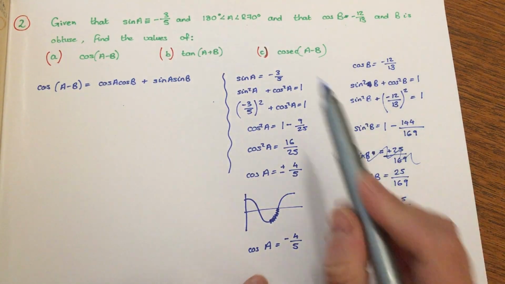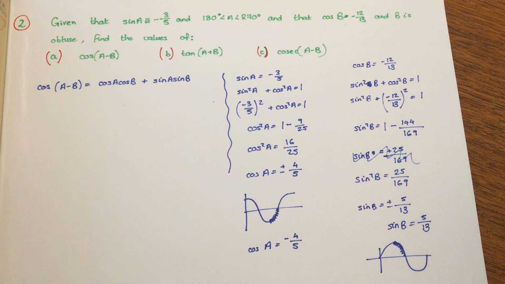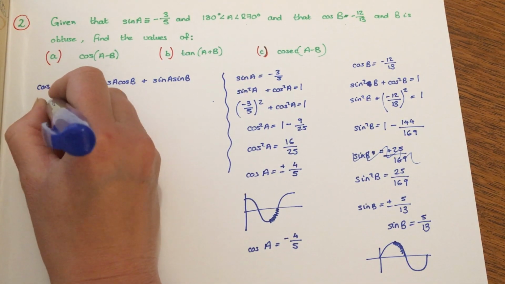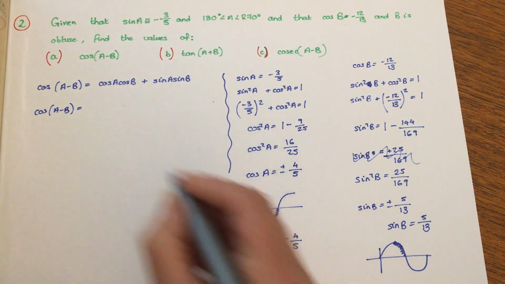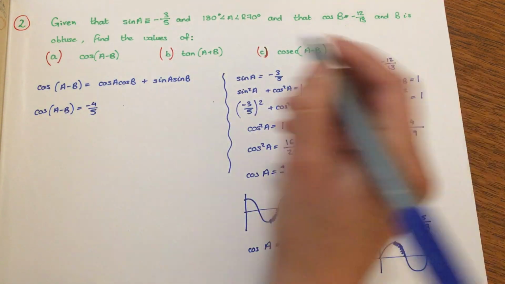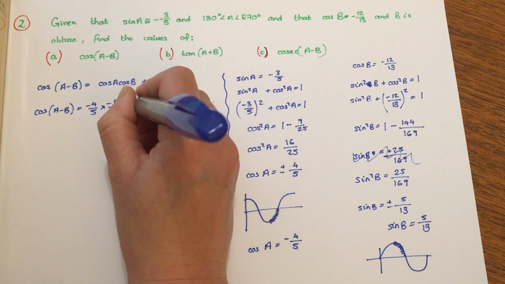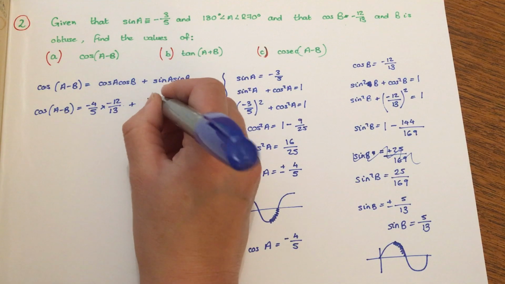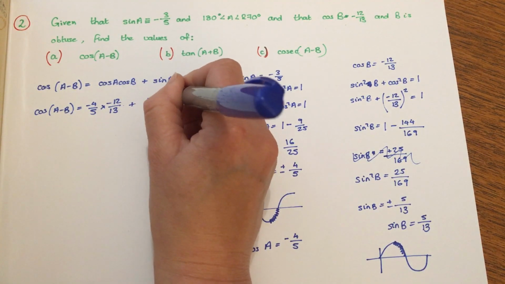And now I know sine A and cos A, sine B and cos B, so I can work out cos of A minus B. So cos of A minus B is cos A, minus 4/5, cos B, minus 12/13, plus sine A, minus 3/5, sine B, 5/13.